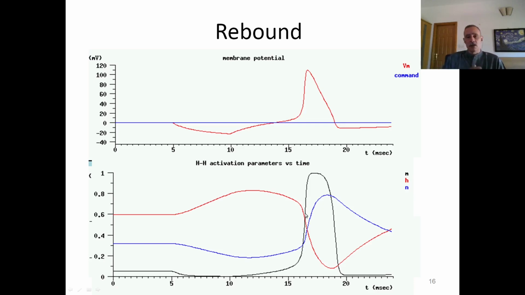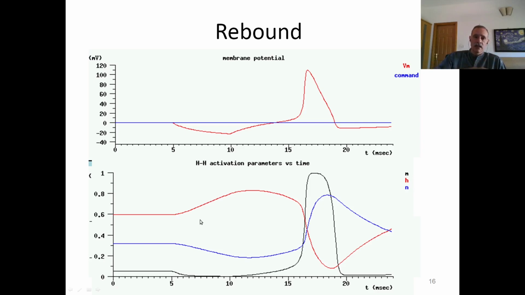Okay, so the converse is also true: if you have been holding the cell a little bit positive for a while, the H gate will become smaller, and it will be harder to get an action potential. So you are, in effect, modulating the threshold by the past history of the ion channel.